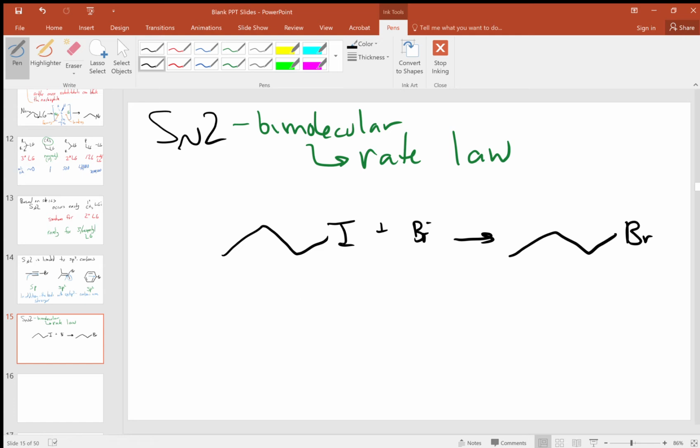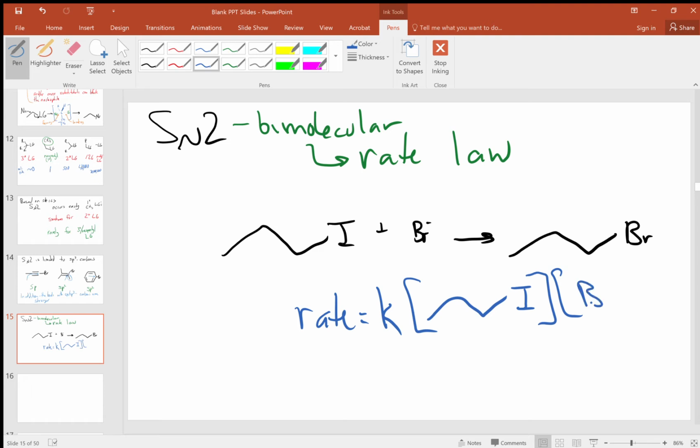And for the rate determining step of an SN2 reaction, the rate is equal to the rate constant times the concentration of the alkyl halide, or the electrophile, times the concentration of the nucleophile. So how many species are involved in the rate determining step? 2. Or in other words, the rate determining step is bimolecular.